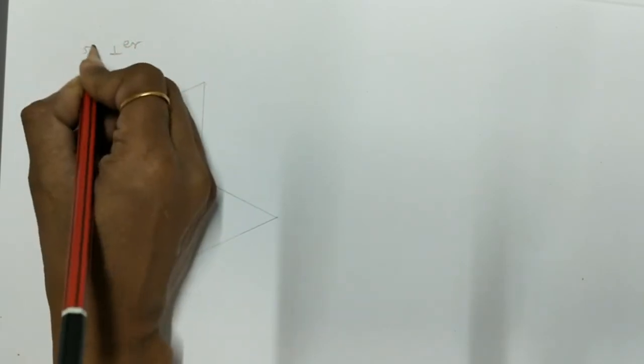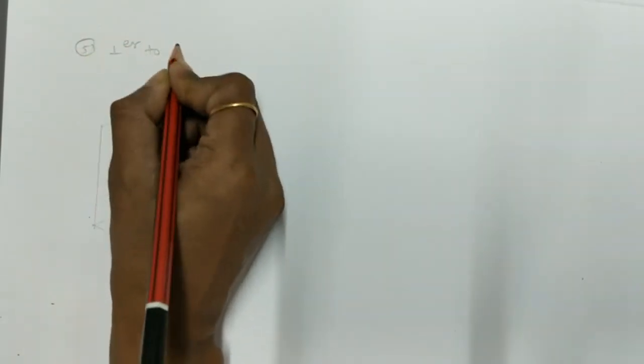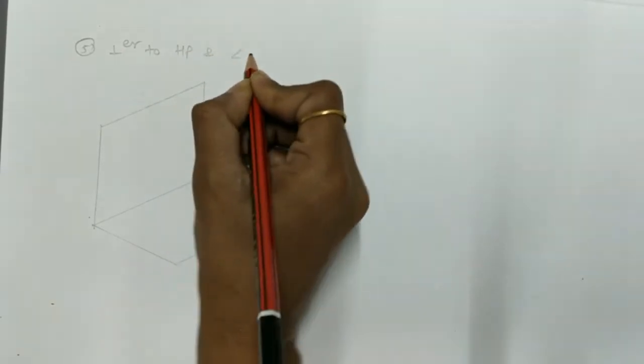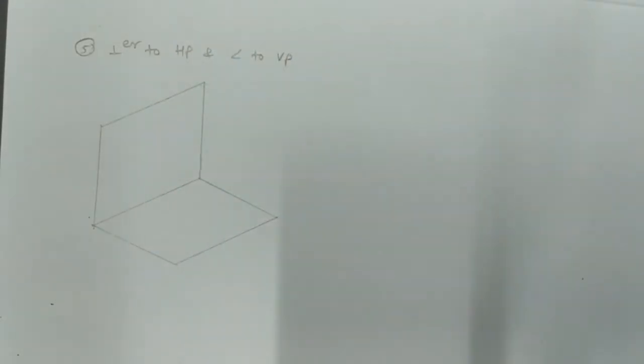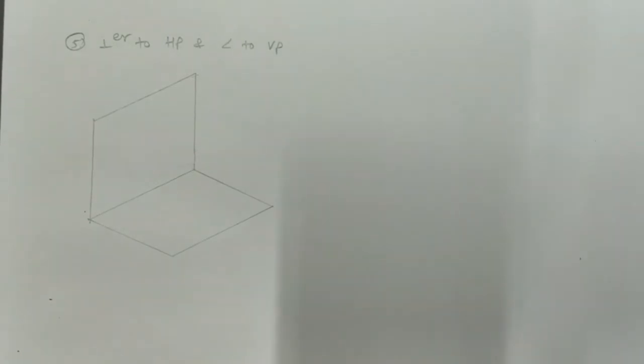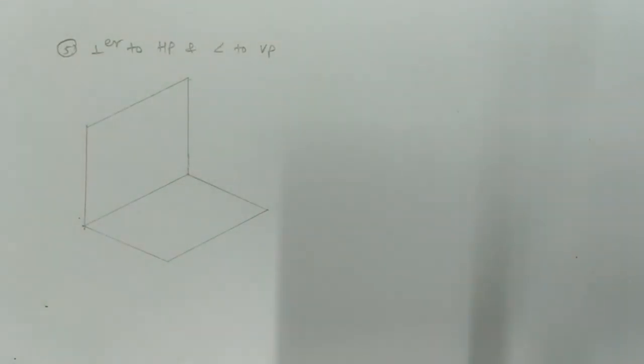Now we will see next condition. When plane is perpendicular to HP and inclined to VP. So plane is perpendicular, fifth point, perpendicular to HP and inclined to VP. Now draw a plane which is inclined to VP and perpendicular to HP.